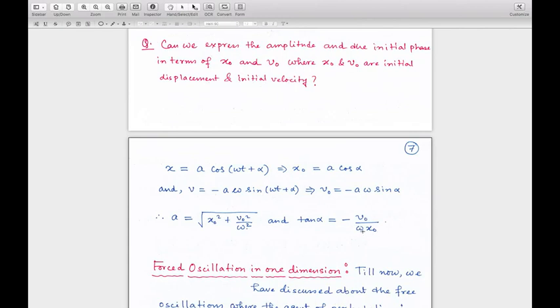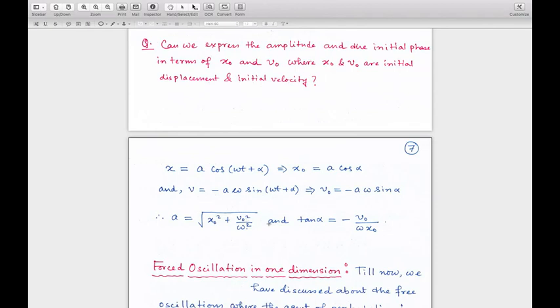So omega is the source property, but other than that I have the initial conditions. So if the source is given, only by knowing the initial conditions I can immediately tell what will be the amplitude and the initial phase of the oscillation in terms of the initial displacement and the initial velocity.